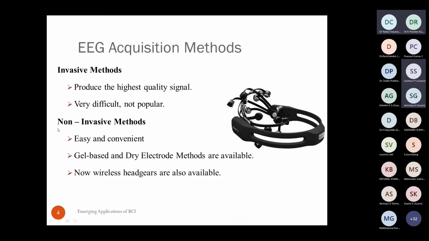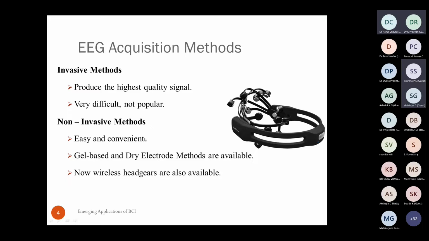The method that we are using is the non-invasive method. It is easy and convenient, but it produces a low quality signal because of your head. Maybe you have hair, or you apply oil on the hair. All those things reduce the connectivity and increase the resistance of the connection.